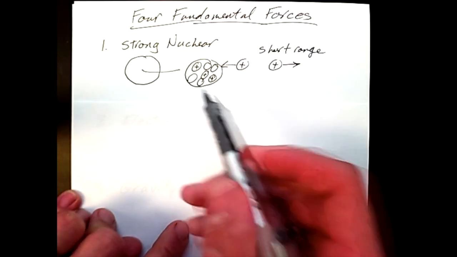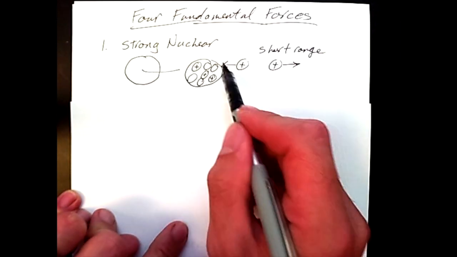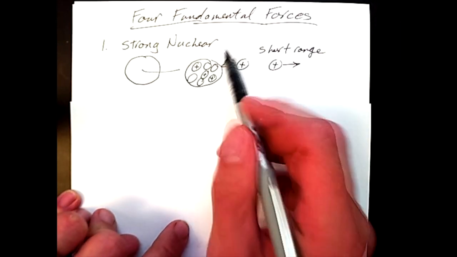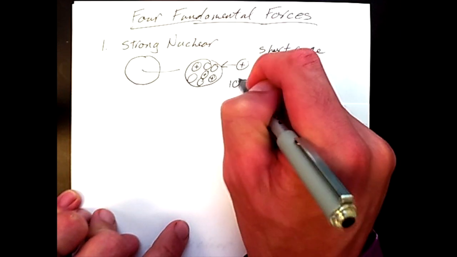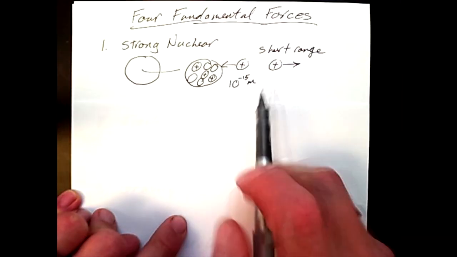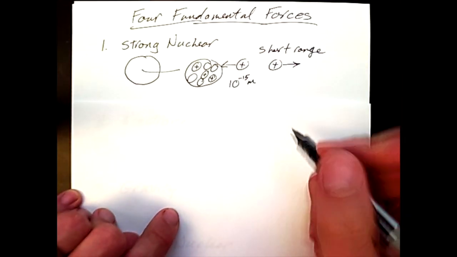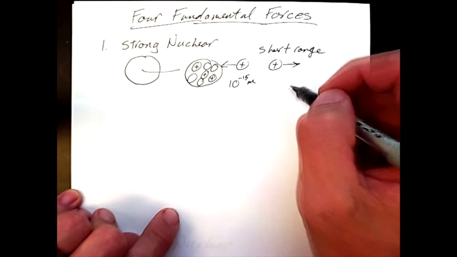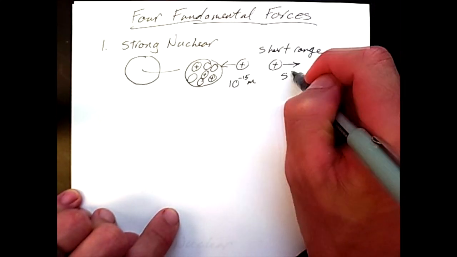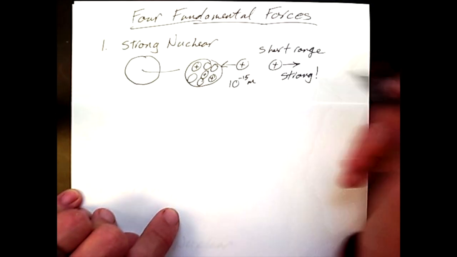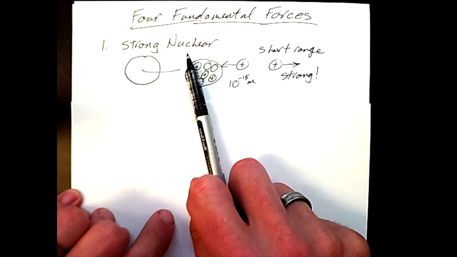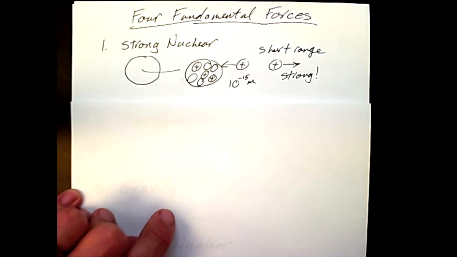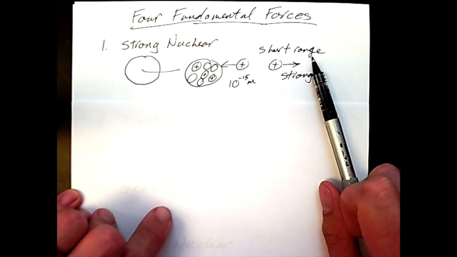And so within the nucleus, as long as we are at 10 to the negative 15th meters or less, protons and neutrons are actually locked together with a very, very strong interaction called the strong nuclear force. Since this is a fundamental force, this is something that is universal and natural. What is important to recognize is that it is limited in terms of range.